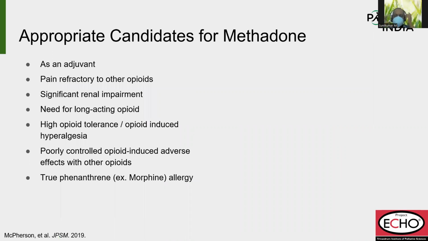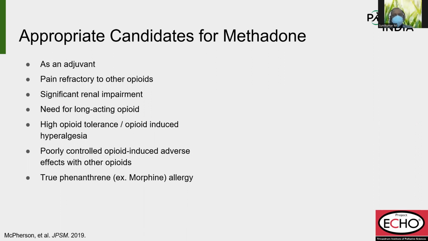Okay. Now we are moving on to the appropriate candidates for methadone, or what are the indications for methadone. If you use methadone in small amounts, then it is called an adjuvant use, even though we know that this will not correctly fit into the definition of adjuvant.